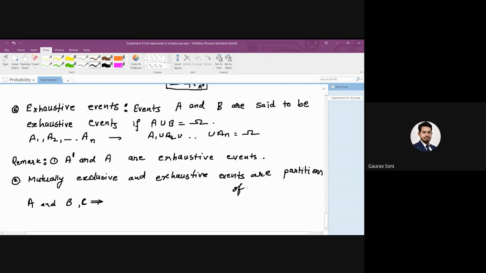So we are going to encounter this type of events a lot of times: mutually exclusive and exhaustive events. Remember this. This plays a very important role. If you take the union of all of them, it will become the complete space. If you take the intersection of them, you will get phi.